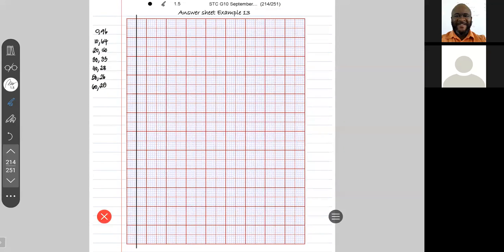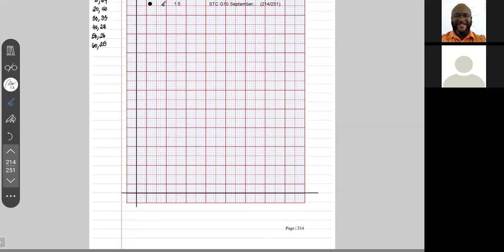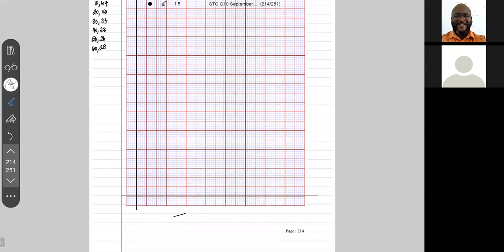Now on the horizontal, we have time in minutes. So we have 0, 10, 20, 30, 40, 50, 60.